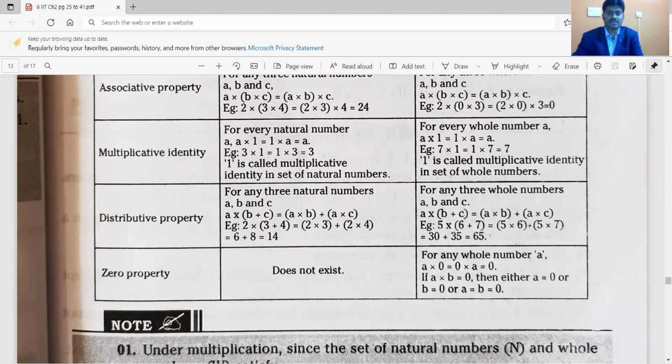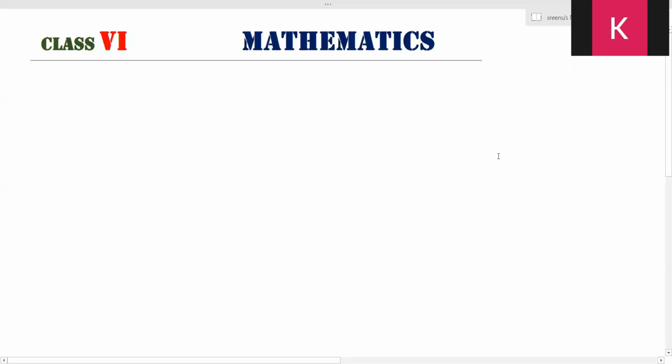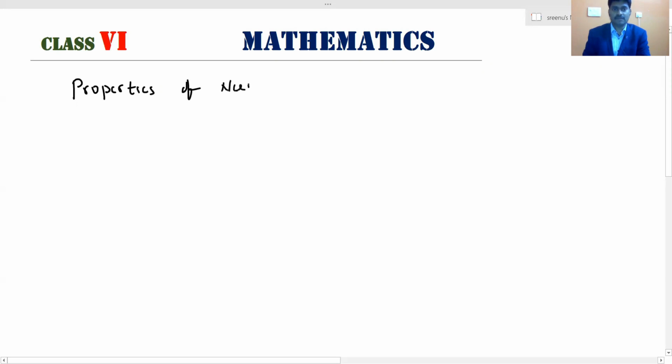So let us check this on the board. Yeah, you can see the board. Properties of numbers.